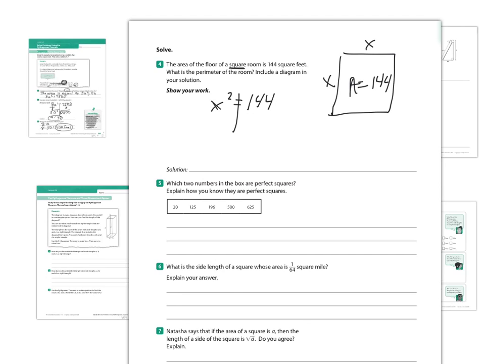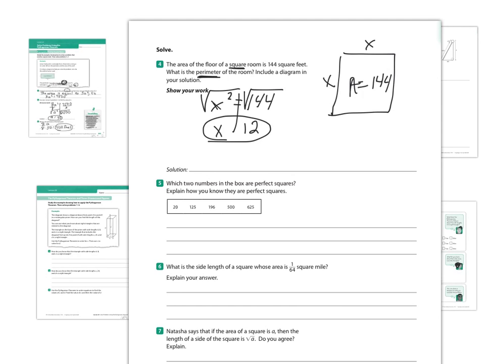Solving this equation, the inverse of squaring a number is find the square root. The square root of x squared is x. The square root of 144 is a perfect square. Comes out to equal 12. This is not our final answer because the question is asking for the perimeter of the room.